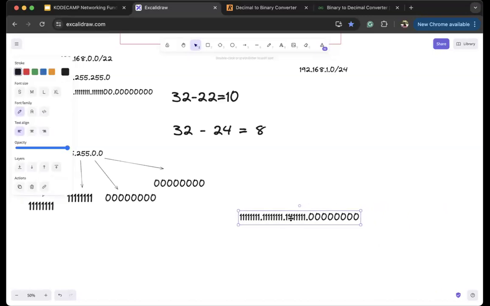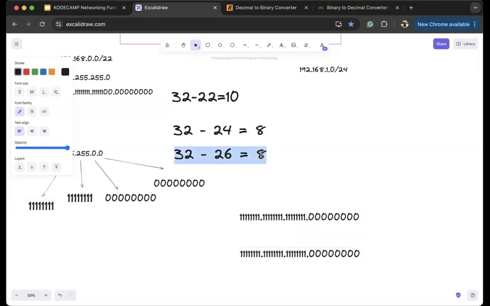That is 24. What if I have 26, for instance? Okay. What would that give me? So I have this kind of subnet mask. Yeah. But 6 zeros, right?